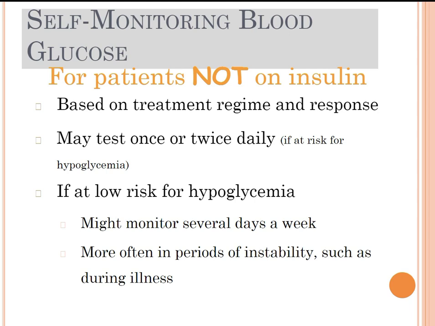Now, some people do not take their blood glucose levels as often as they should be, and occasionally you will have to get in contact with the provider who is managing the patient's diabetes with them and find out what their recommendations were to the patient to make sure that how often the patient thinks they should be monitoring their blood glucose matches with how often they were recommended to take it.